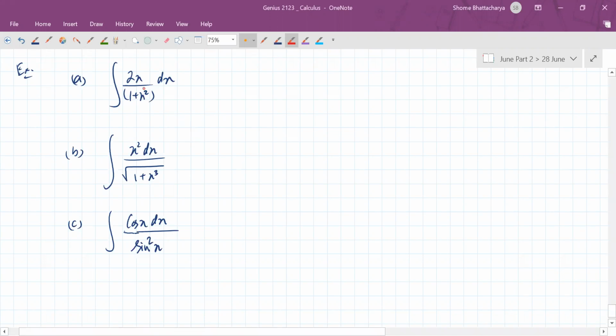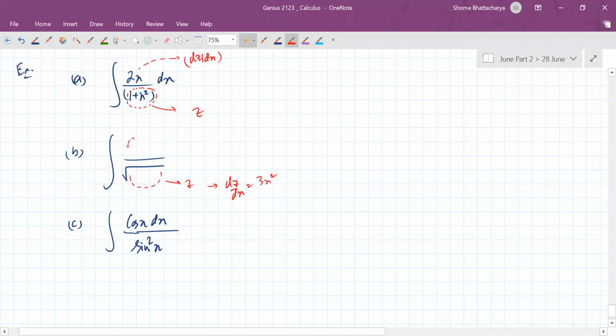So in the first one, you can see that if you take this as z, then this term is dz by dx. Similarly, in this, if you take this as z, then you can see that dz by dx is equal to 3x square.